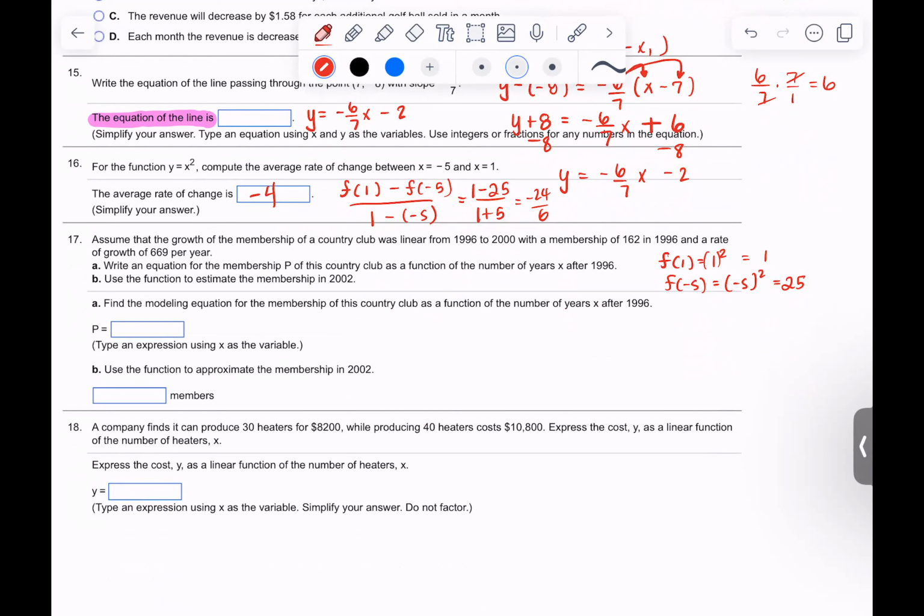Write the equation. So this one, they give us the rate of growth. Rate of growth, let me highlight that. That's the slope. And it's going up, so the slope is going to be a positive number. So the slope is 669.